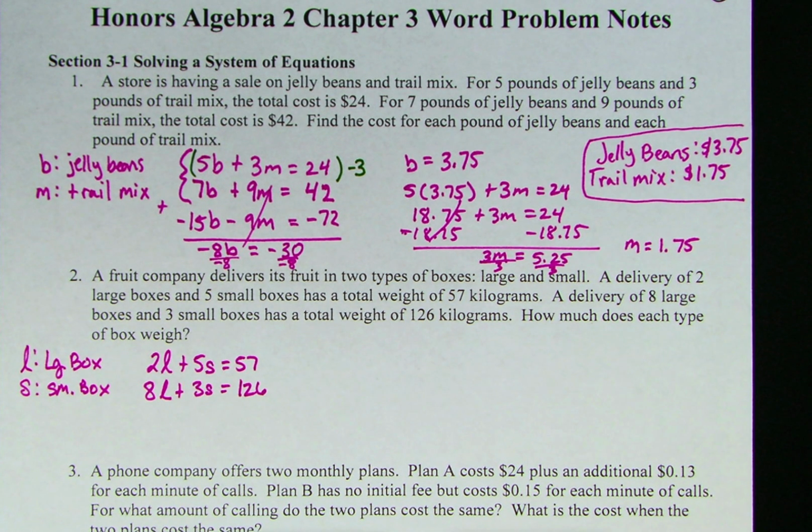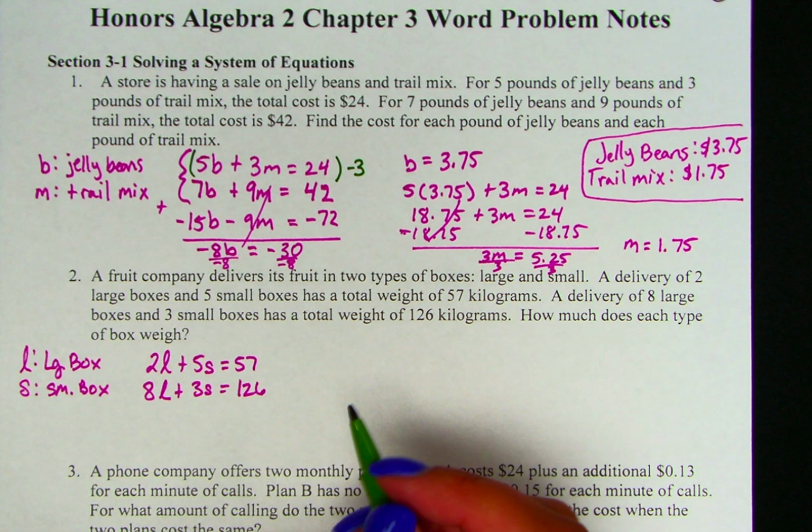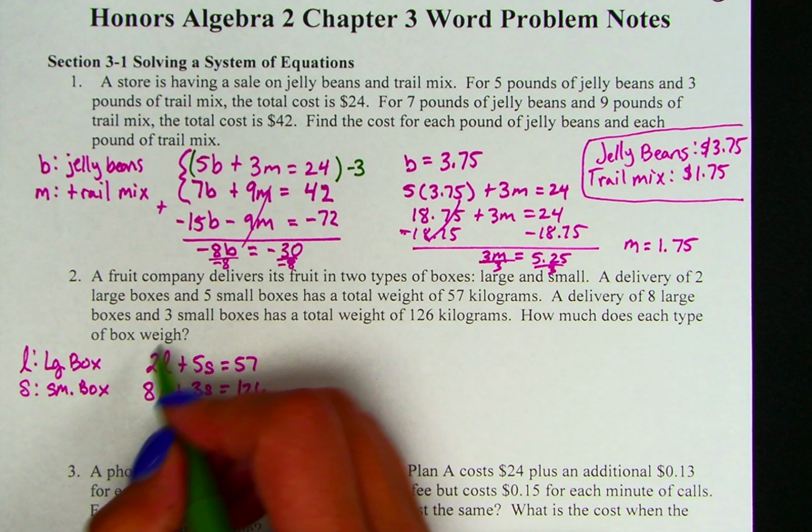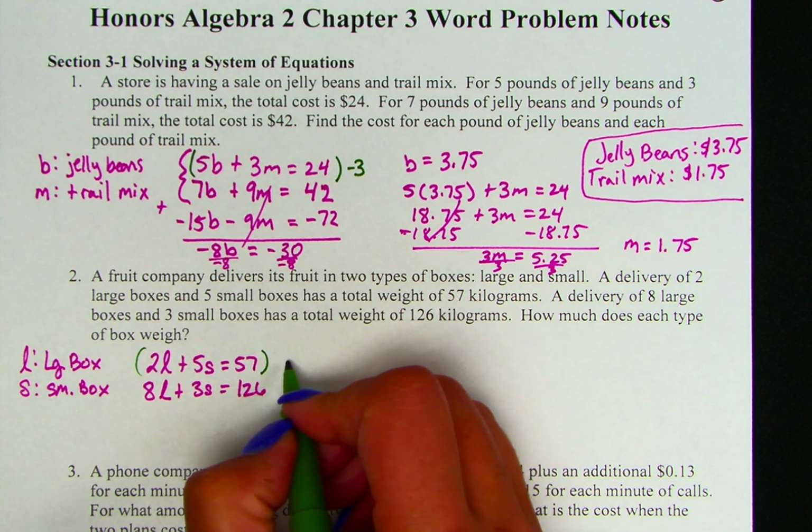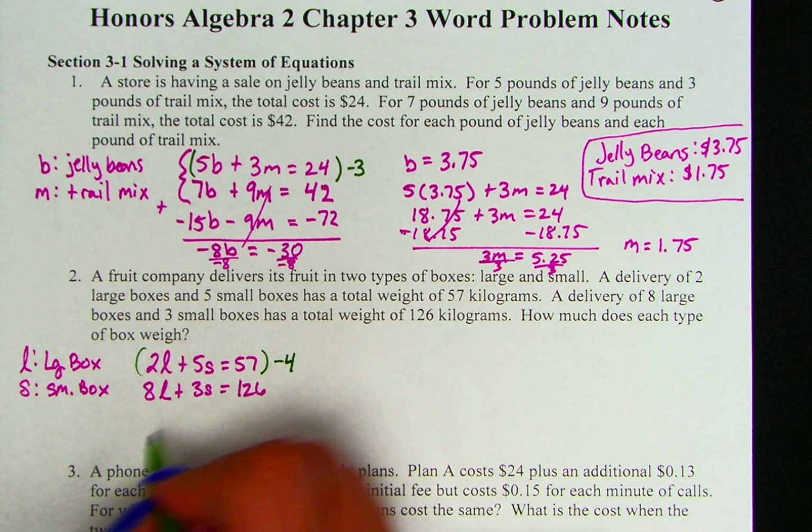All right, so looking at that, I'm going to choose to solve by elimination. So usually I use elimination every time, just because I think that's easier. You don't have to do it that way. You can do substitution. Just keep in mind, if you are going to use substitution for these problems, you're probably going to be dealing with messy fractions.